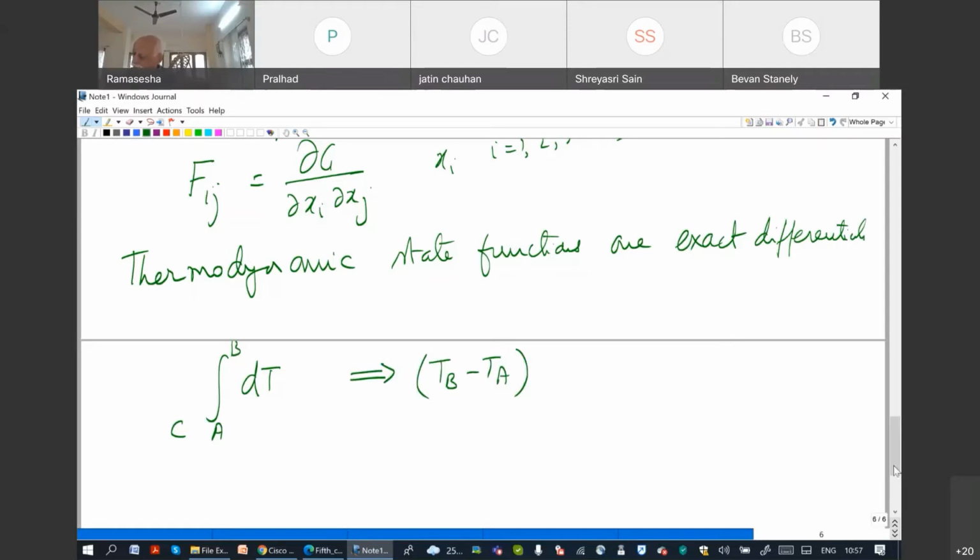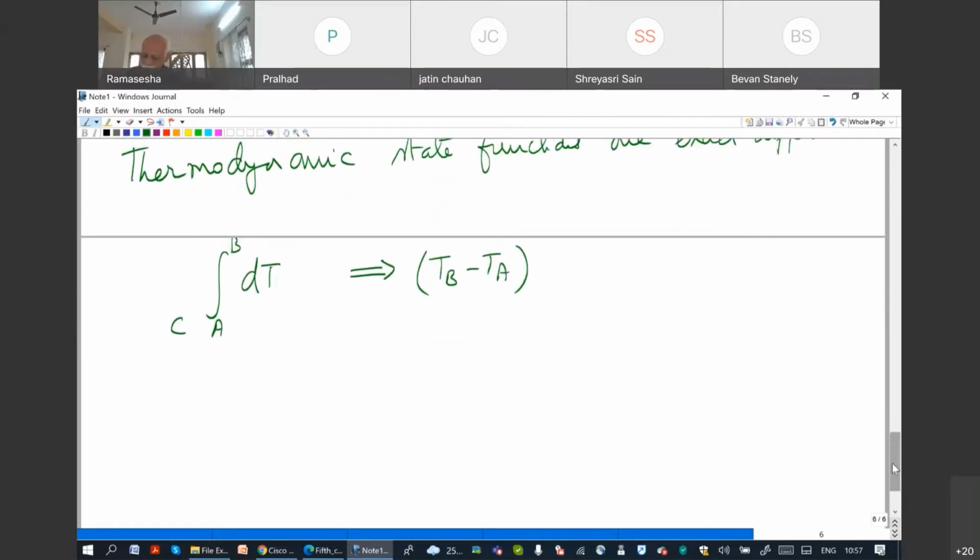And similarly in mechanics, what is the exact differential? Position. Mechanics, position, any other thing related to energy? Conservative fields. Conservative fields, for example, gravitational field.